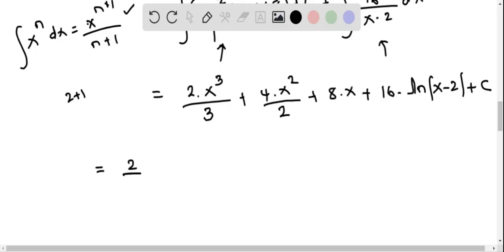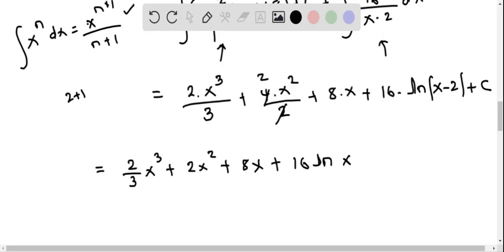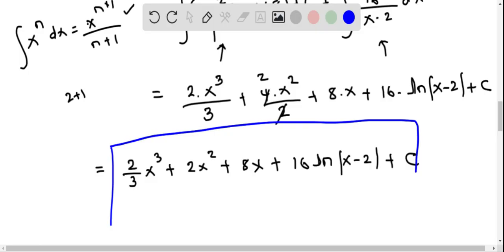This is 2/3 x^3 plus 2x^2, plus the next term 8x, plus 16 times the natural logarithm of the absolute value of x minus 2, plus the constant of integration c. So therefore this is the result of the integral.